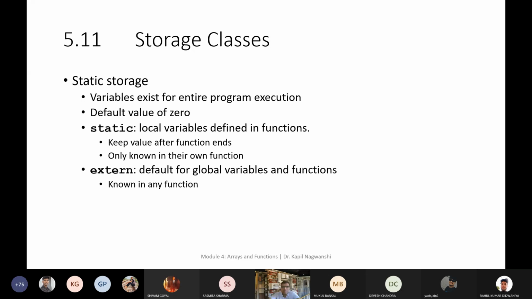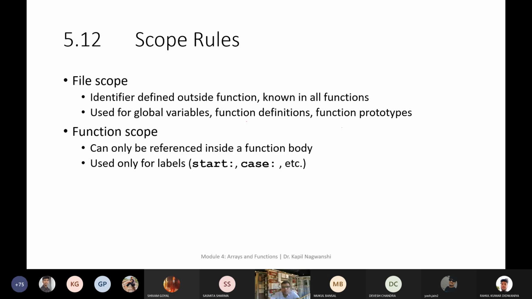So actually extern and static both work as static storage. So what is the difference between these two? In case of static, its scope is local, while for extern, its scope is global. That's it. Now come to a very simple program.